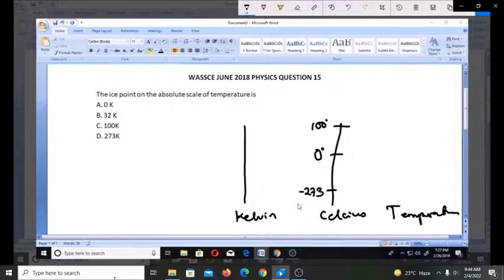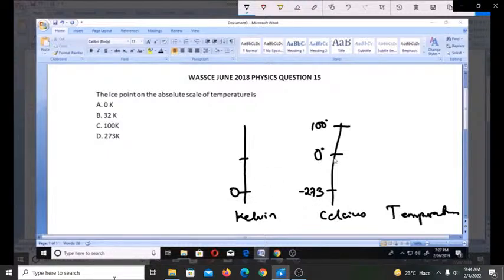This is for Celsius. So we have the equivalent of all these for Kelvin. Absolute zero here is 0. Then anything you have here is anything here plus 273. So if you say minus 273 plus 273, you have 0.